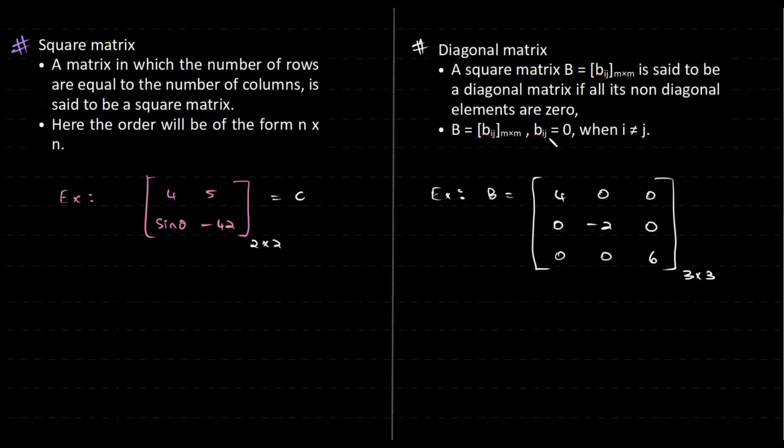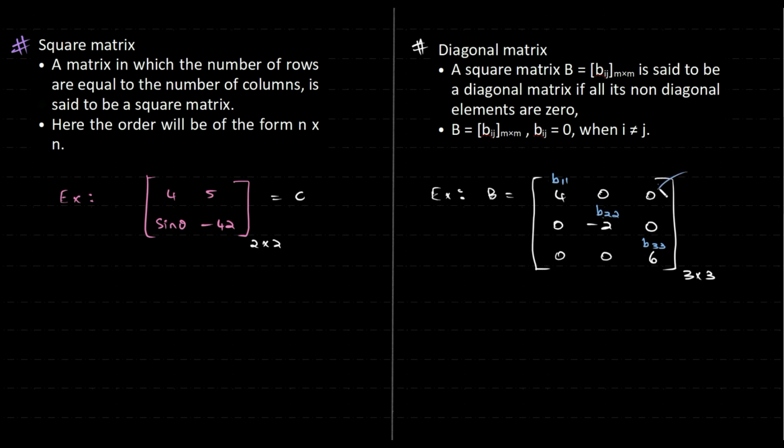Here we can see the representation of matrix B with the elements Bij of the order m by m, wherein Bij is equal to 0 where i is not equal to j. This one, in this case, will be B11, because we are representing it that way, then B22, B33. So here i and j are equal, but everywhere else they are not equal.